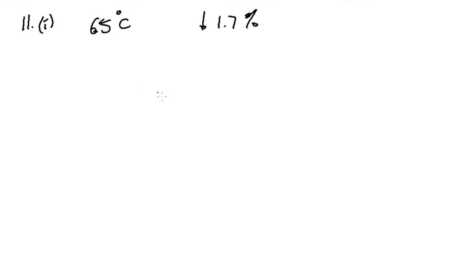So part 1 is relatively straightforward. It's basically just iterate 3 times of what every 1 minute does. So at t equals 0 minutes, it's 65 degrees Celsius. Then per minute, it goes down by 1.7%. Goes down, so it's 1 minus 1.7%.